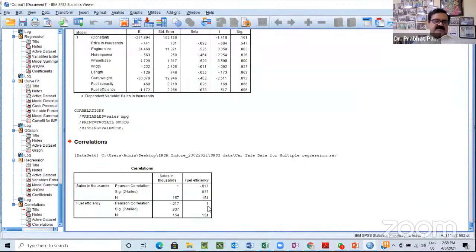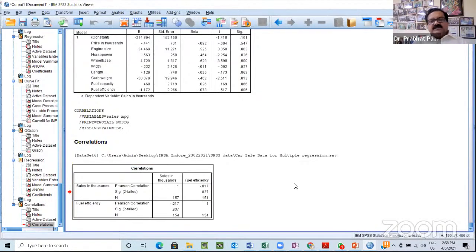What we find is that it's terrible, actually. It's negative: minus 0.17 is the correlation between car sales and efficiency. That means people are definitely not bothered about efficiency. They are negatively looking at efficiency, which is not the right thing to do.